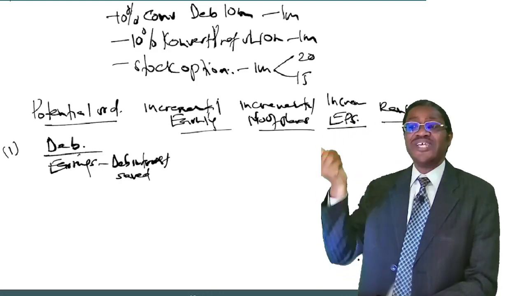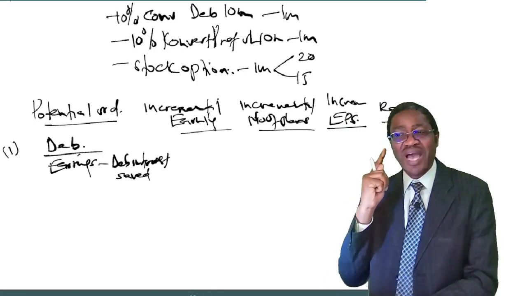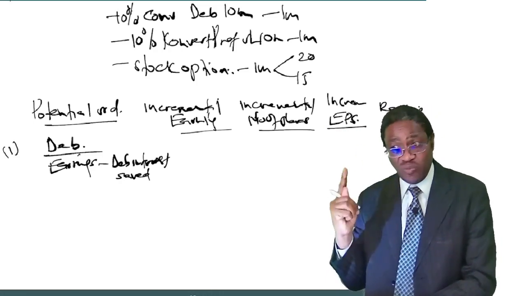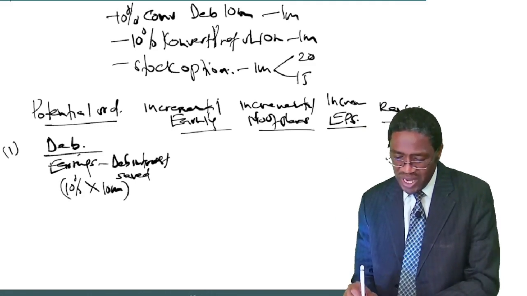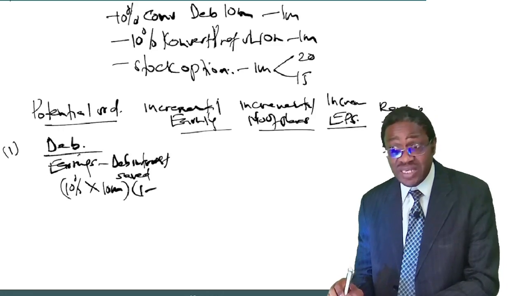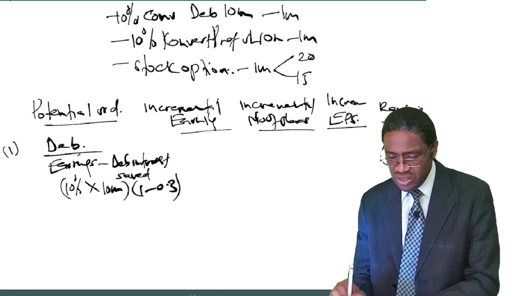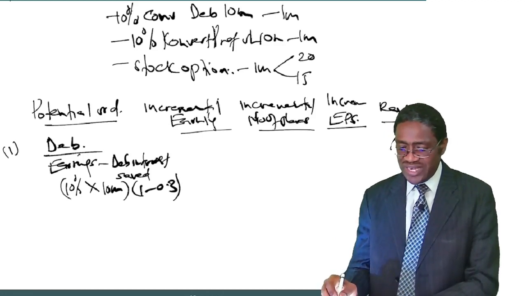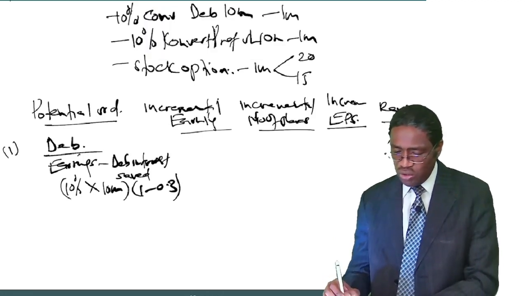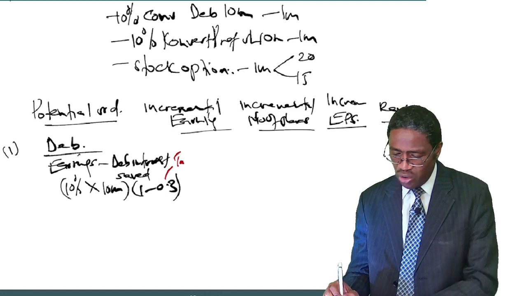It will increase the earnings by the amount of interest net of tax. Meaning it will be 10% of the 10M, multiplied by 1 minus the tax rate, which I am assuming is 0.3. That 30% is what we are calling the tax rate.